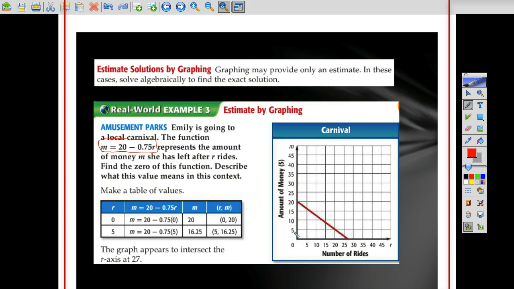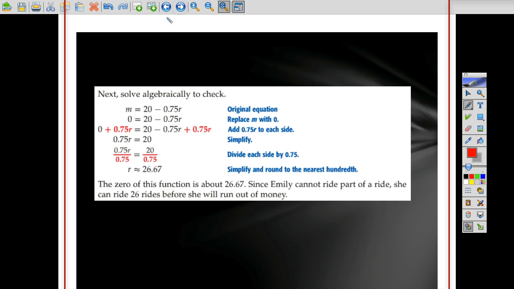So the graph appears to intersect the r-axis at about 27. Okay, so it's about right here, 27. Next, solve algebraically to check. So you have your equation, and then we're going to solve for r. Okay.